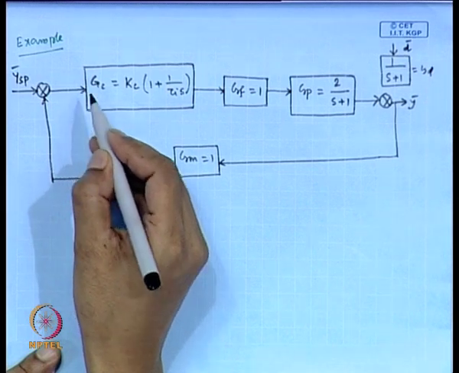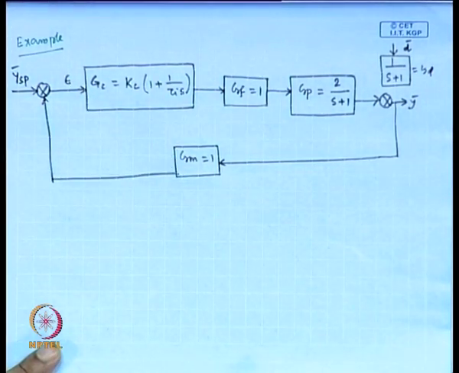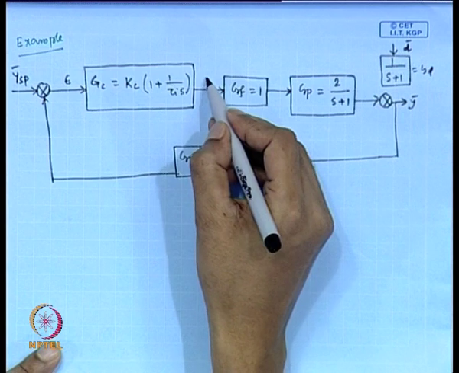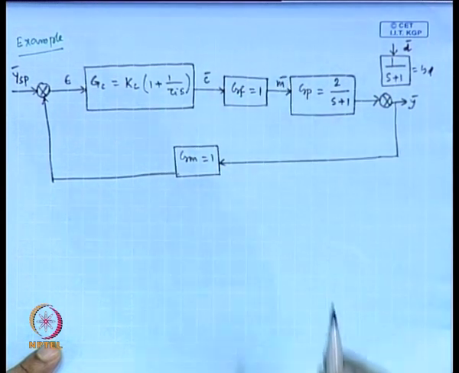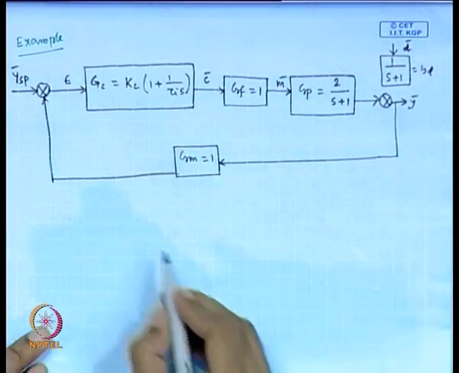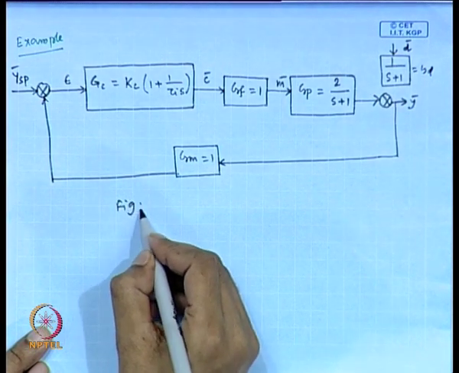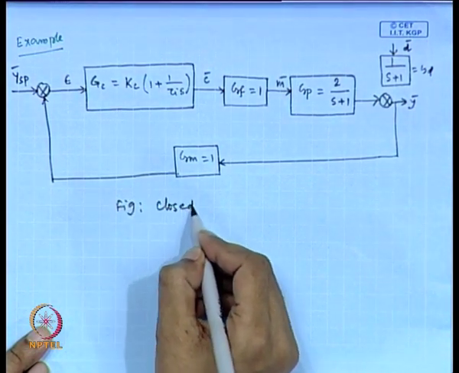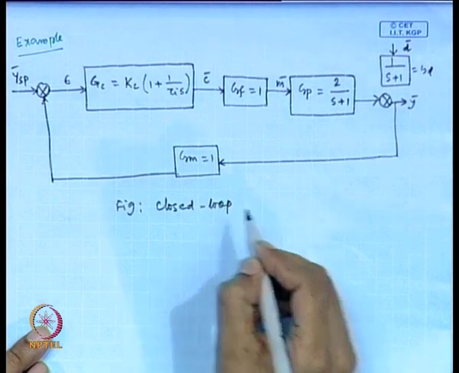And the error signal is going to the control block. Fine. This is the closed loop block diagram.